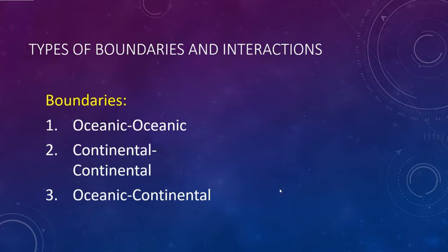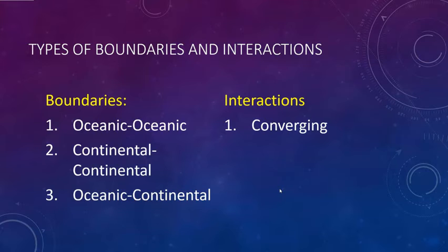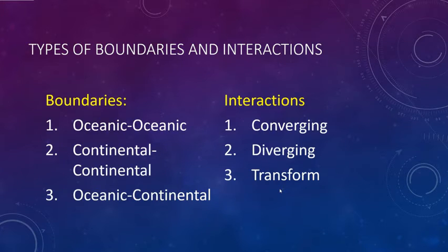Just because there are oceanic plates next to each other doesn't mean they're behaving the same way. They could be converging, which means they're coming together, two oceanic plates coming together. They could be diverging, which means plates moving away from each other, or they could be transform boundaries, which means they're sliding past each other.